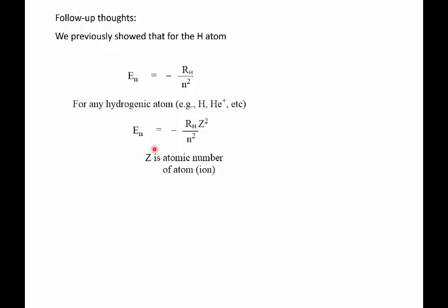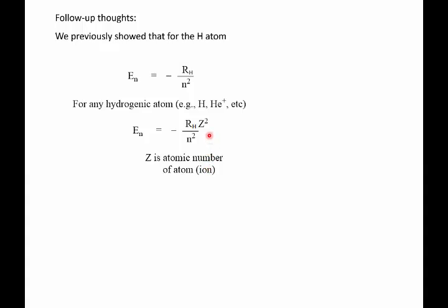So if we wanted to calculate the energy levels for a helium plus 1 ion, the nuclear charge is plus 2, and the atomic number of helium is, of course, also 2.